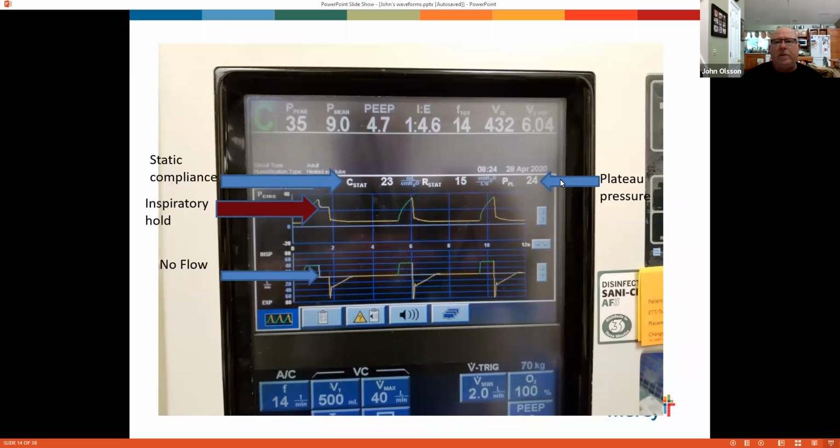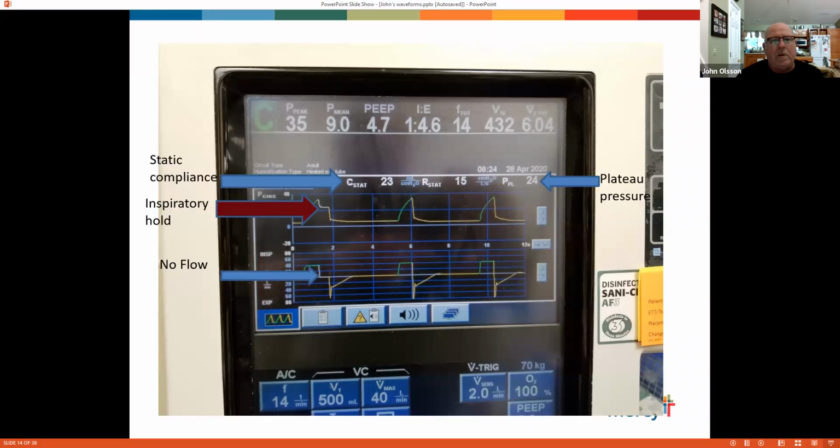So here we go. I'm going to show you how you do that on this machine here. So this again is an 840. I have the inspiratory hold. Down at the bottom of the screen, I wish I had shown you that part, but there's a little button that says inspiratory hold. On all machines, you can do an inspiratory hold.